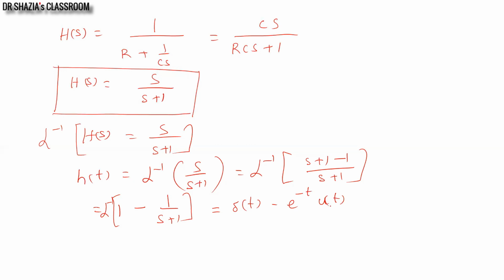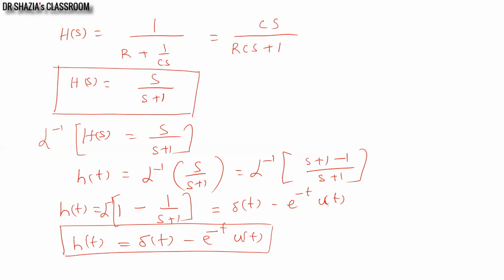So the impulse response h of t of the system will be delta t minus e to the power minus t u of t. So if asked to compute the impulse response of this RC circuit, we are going to follow this step.